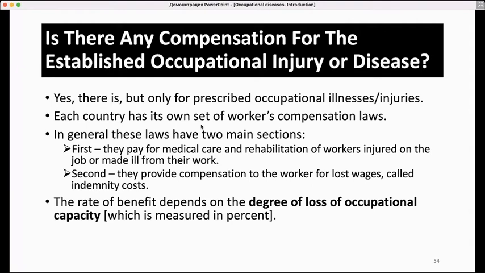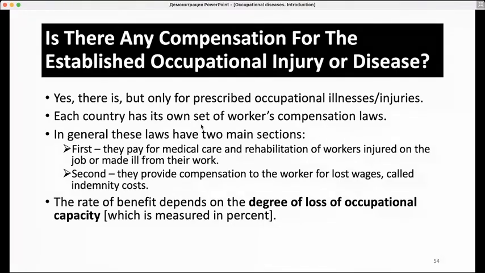For example, we know that a miner worked as a miner and his salary was $1,000. He lost his capacity to continue working because of silicosis, and his lung capacity is decreased.